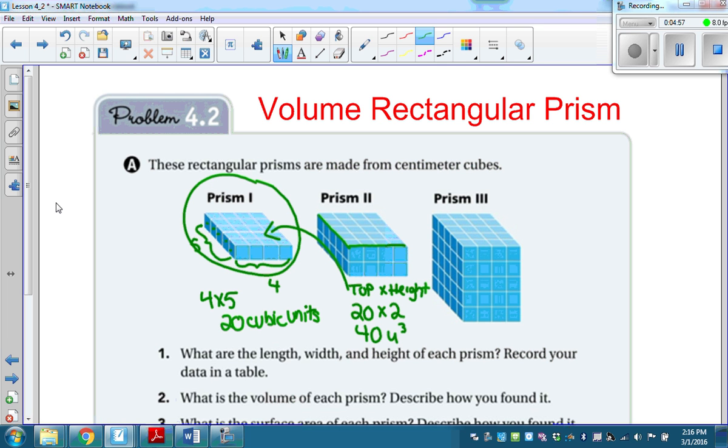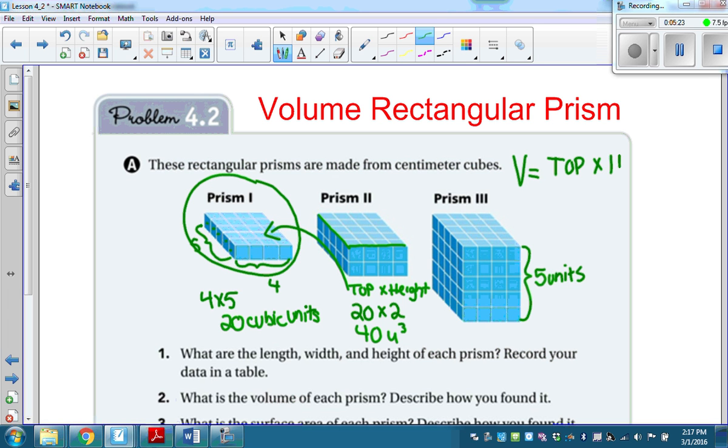We'll put a little cubed. What about Prism 3, Lily? Yeah, she said 100. So she's already counted ahead here. This is 5 units high. And so the volume of Prism 3 is the volume of the top times the height.